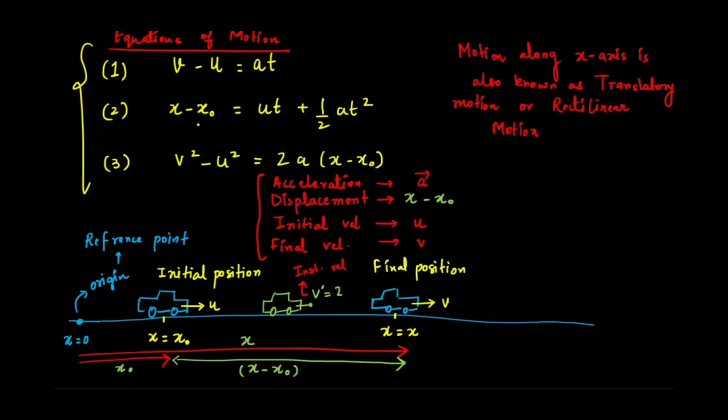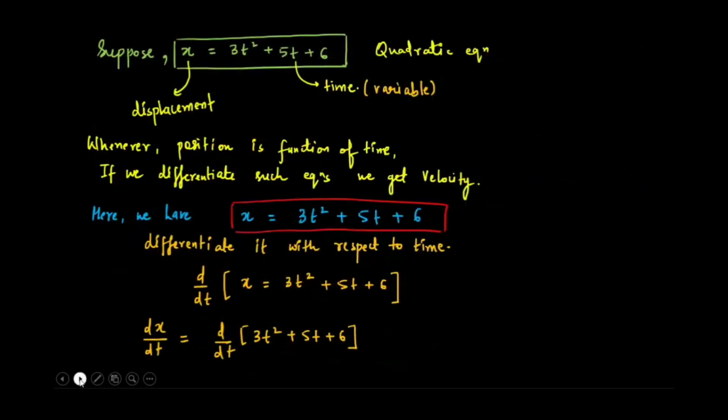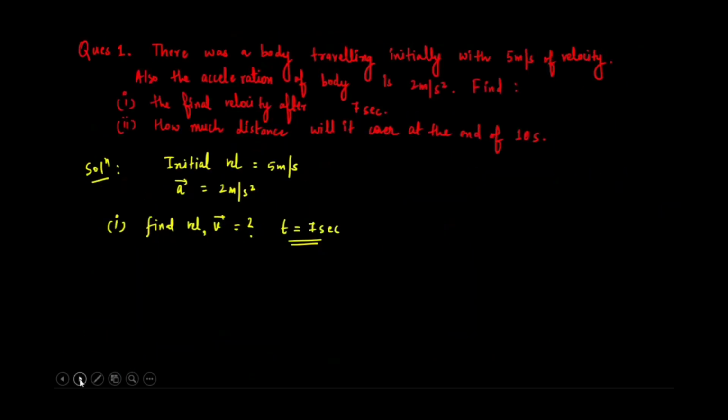Think it properly. So by using the first equation, we can find velocity. The reason why you can't use the third one is because we don't have the displacement. Exactly. So using the first equation of motion, which is v minus u equals at, or we can write v equals u plus at.